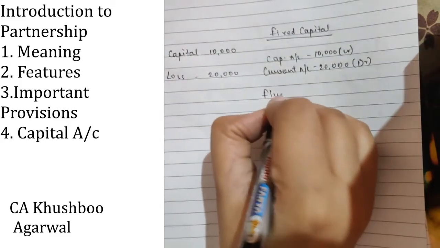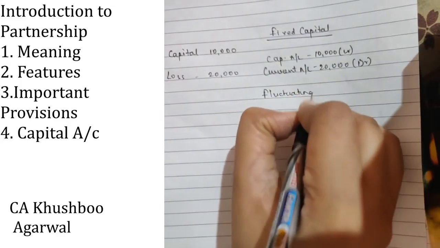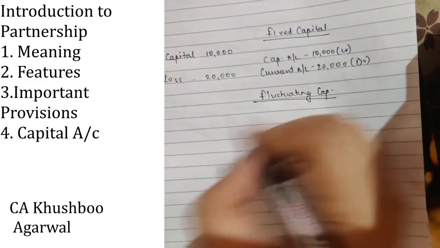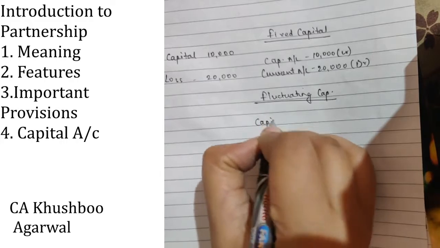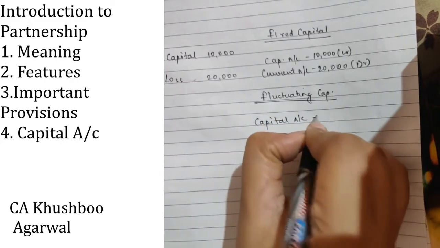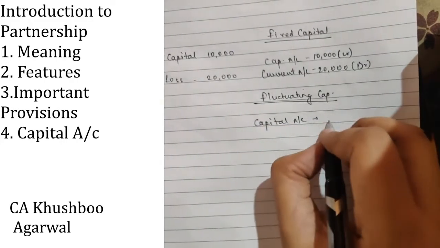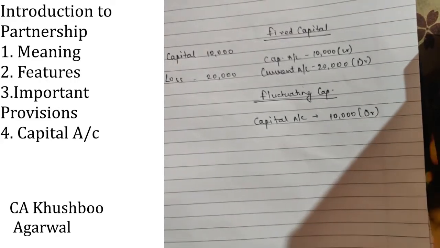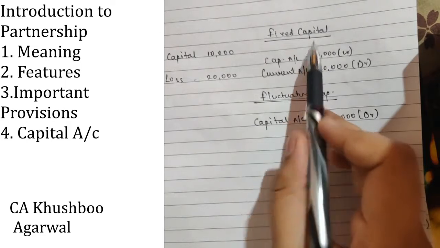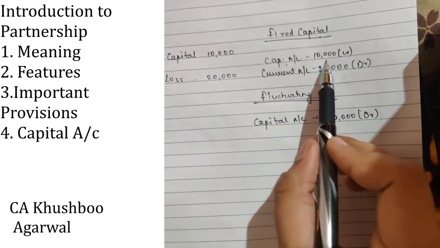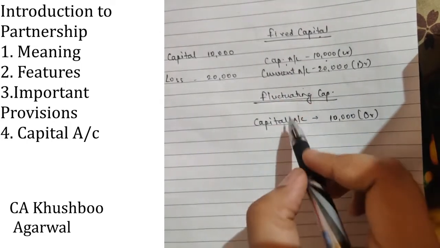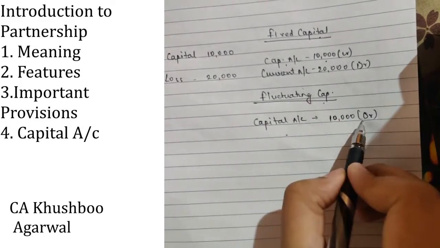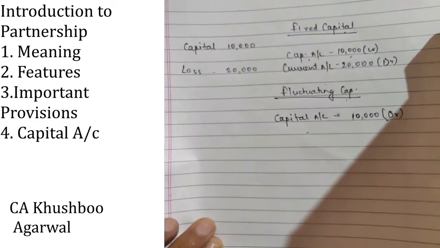But in case of fluctuating method, since both these transactions will be routed through the capital account itself, it will show a balance of 10,000 rupees debit at the year end. Therefore, fixed capital account will always reflect a credit balance, whereas in fluctuating method, the capital account may reflect a debit or a credit balance.